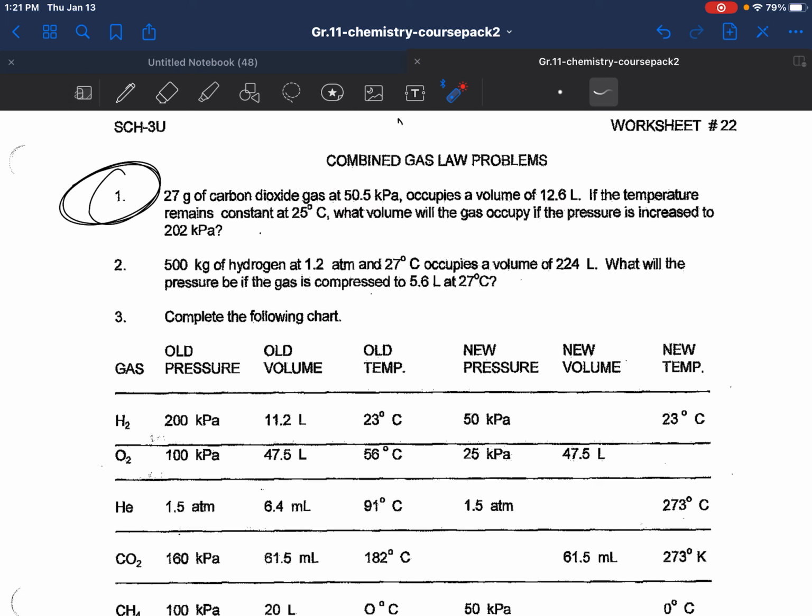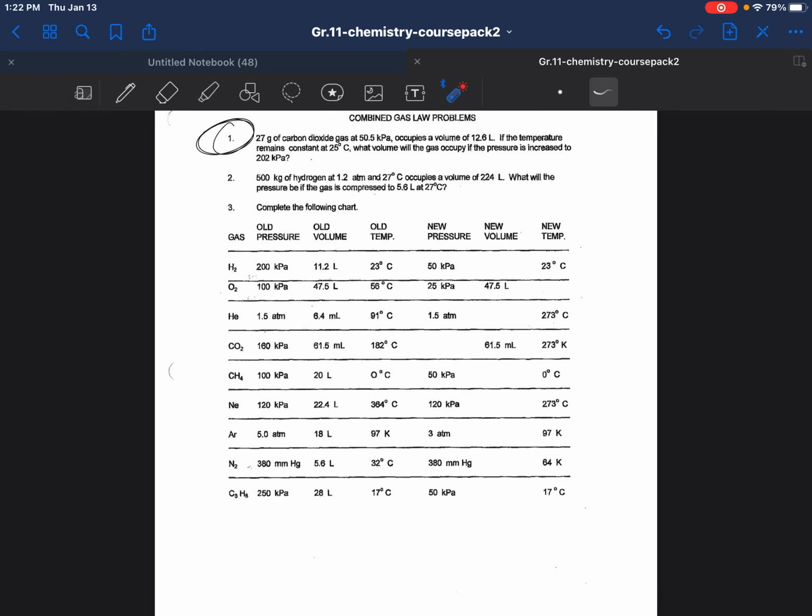Volume? Yeah, of course. It started out 12.6, and I want to know what it is, so I'm looking for V2, if you think about it. And temperature remained the same. So this question is very similar to the first one that we did. It's just that for this question, they gave you a lot more information than you need. So let's go, before and after.